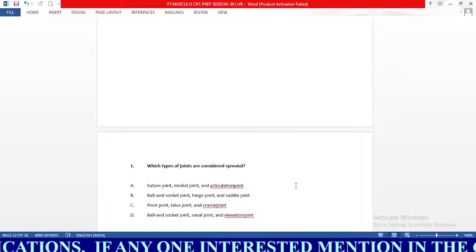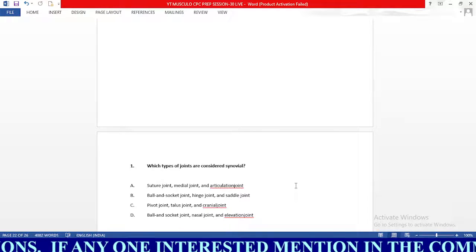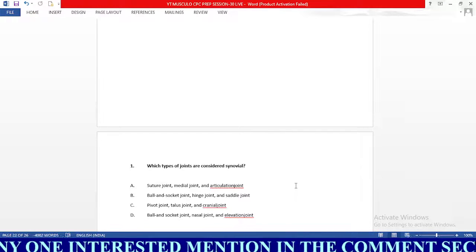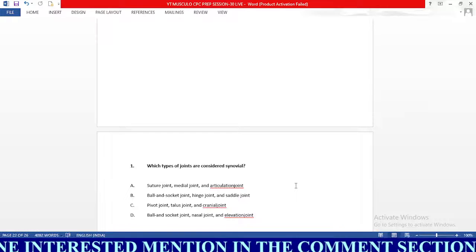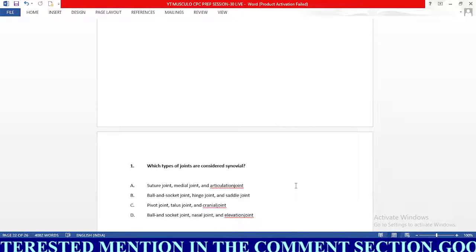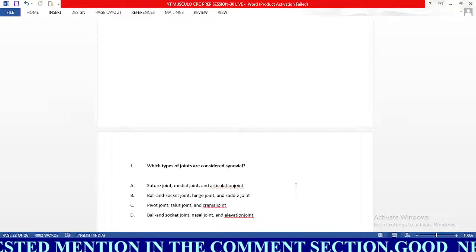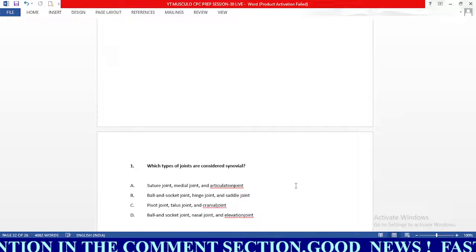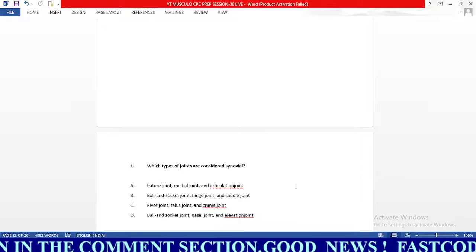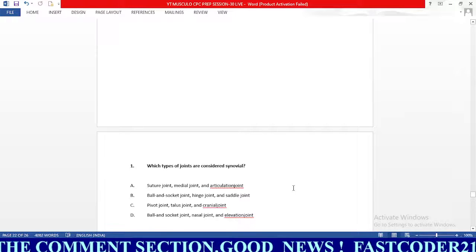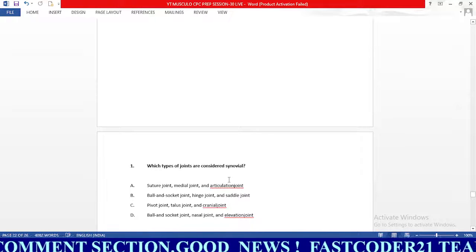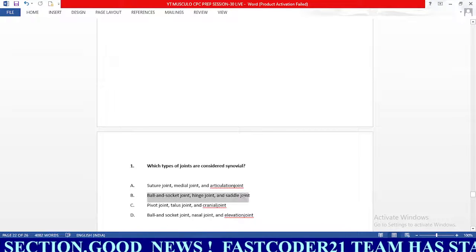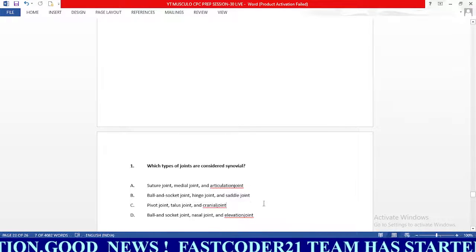Synovial fluid is a fluid found in the cavities of synovial joints, with an egg white like consistency. The principal role of synovial fluid is to reduce friction between the articular cartilage of synovial joints during movement. The common types of synovial joints are ball and socket joint, hinge joint and saddle joint.